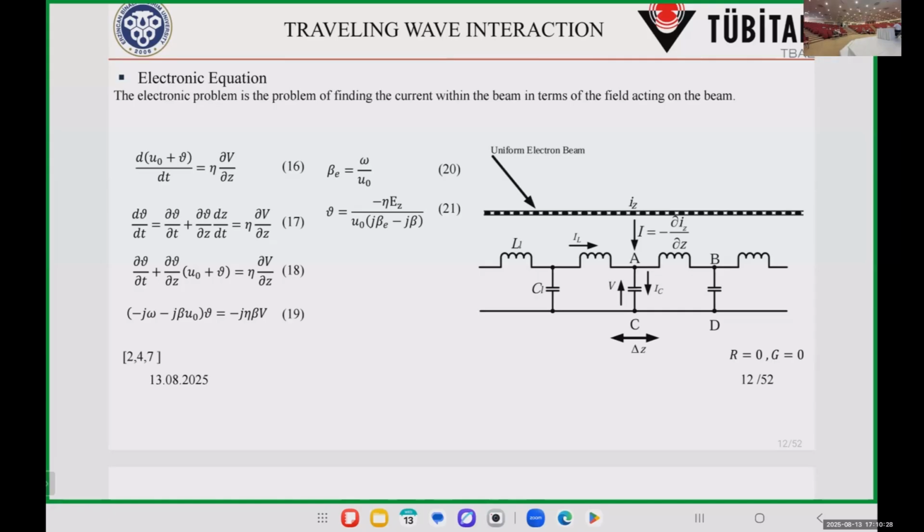As far as I know, I don't know the backward wave oscillator mechanism actually, but if you change the RF input and output of the system, I think the process is different from TWT.